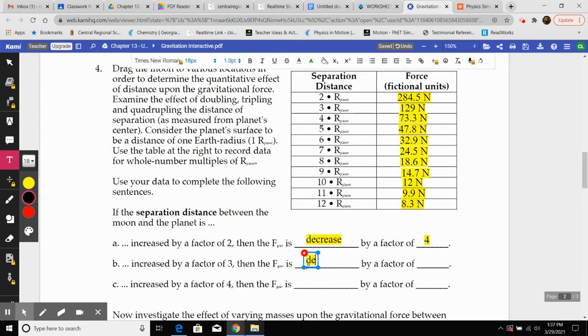So again, this is a decrease by a factor of 8.82. And let's take a look at the next one. So 1138 divided by 73.3 is about 15.5.